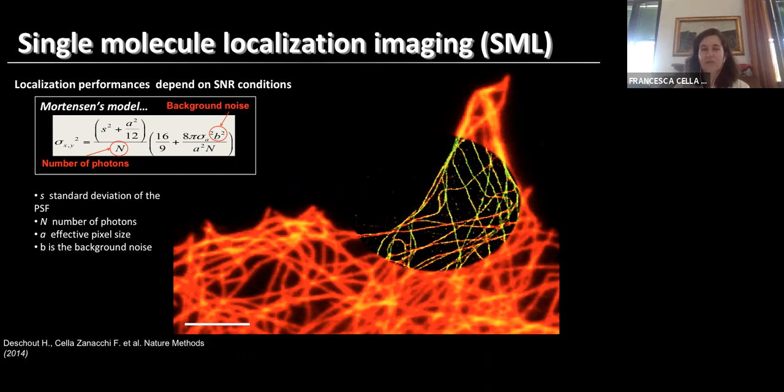On the other side, if you are looking at thick samples or tissues, as we were mentioning in the first part, if this is the aim, going towards tissues, there is the factor B, the background noise, that is increasing. The more complicated your sample, the higher your background noise and the worse your localization precision.